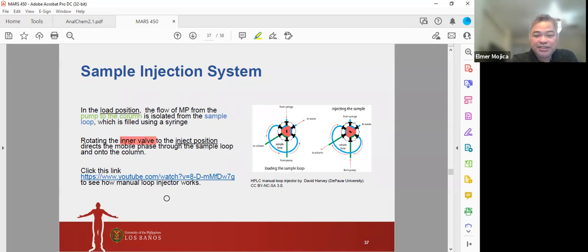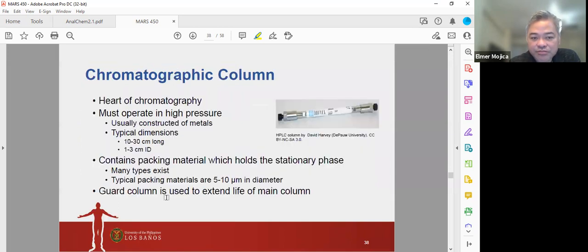So usually, when we use our HPLC here, the student would load or inject their sample, and then after injecting it, they manually switch to load, and that's the time the mobile phase will carry the sample through the column.